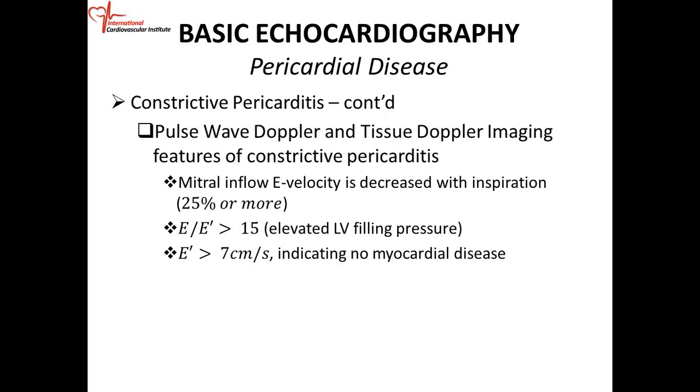So looking for pericardial thickening, looking for effusion, looking for septal bounce. Sometimes, if you don't have very good vision or you're not accustomed to looking at these things, you may miss it. Okay? All right. So we have pulse wave Doppler and tissue Doppler that we can use to help us make the assessment.